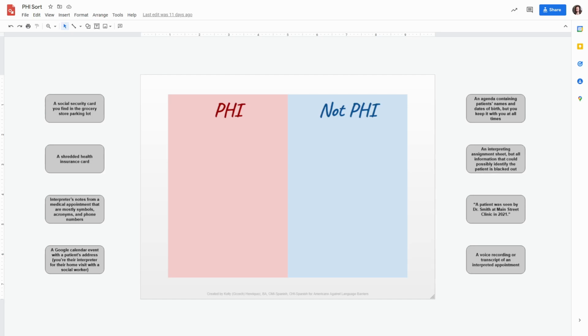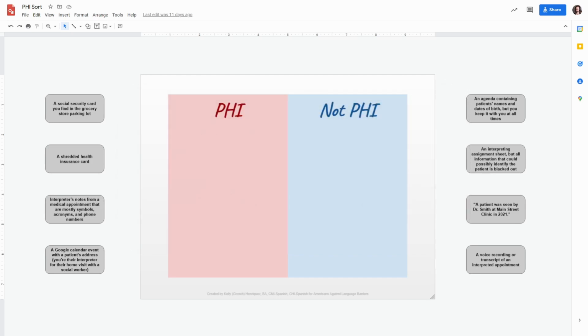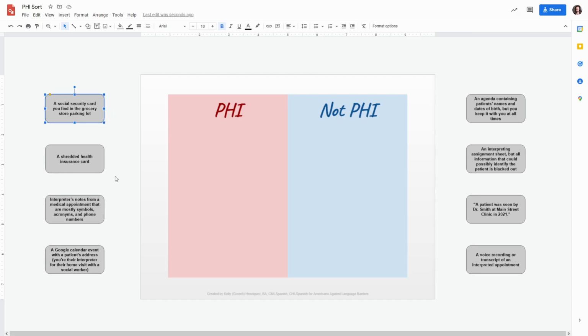So the first thing that I have here is a social security card you find in the grocery store parking lot. Is it PHI? Is it not PHI? That's this first guy up here in the corner. So a social security card in and of itself, unless it's tied to health information, it's not going to be PHI.